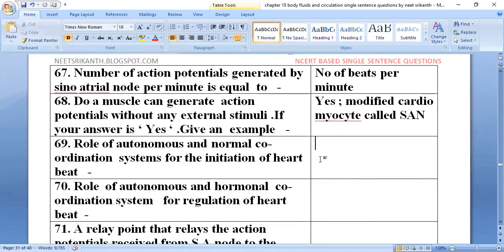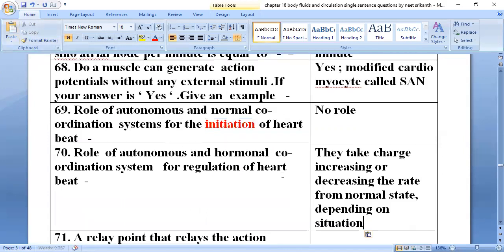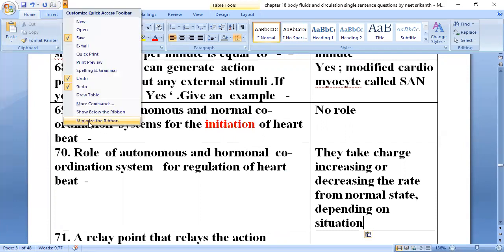We have to write it as no role. For regulation of the heartbeat, we can say they take charge, increasing or decreasing the rate from the normal state depending on the situation.